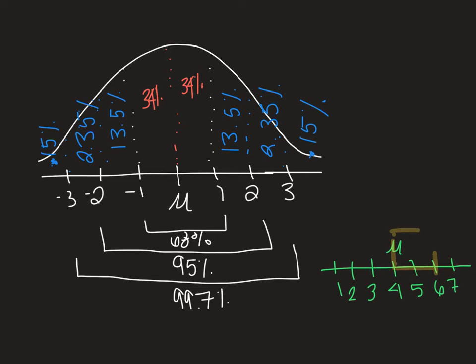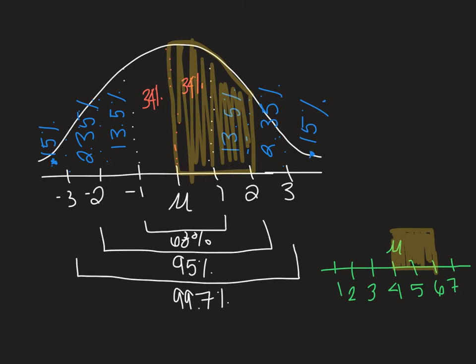So we are looking for between 4 and 6. Okay, again, thinking about this as the normal curve, I just didn't draw the whole piece. If you kind of relate this to the one where we have all of our percentages in with our empirical rule, 4 is our mean and 6 is 2 standard deviations above, so that is this section.